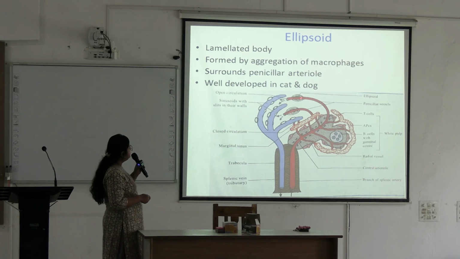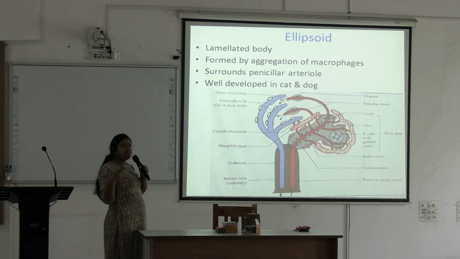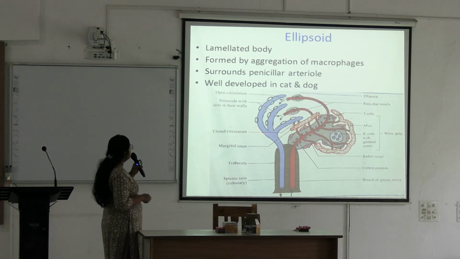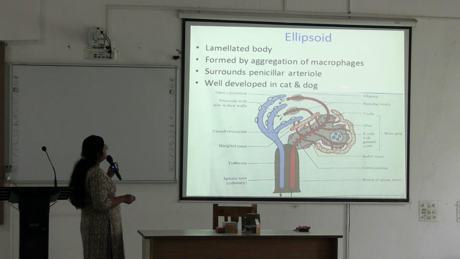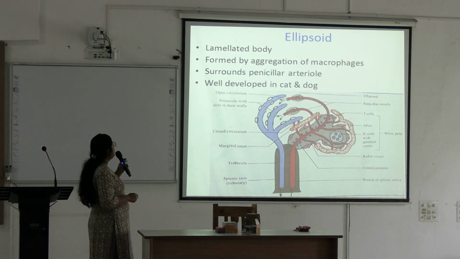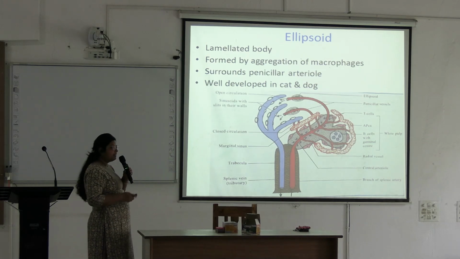These are the ellipsoids. Okay, they are formed over the penicillar arteries. Ellipsoids are lamellated bodies formed by aggregation of macrophages, and they surround the penicillar arteriole and are well developed in cat and dog. Okay, here open and closed circulation have been shown.